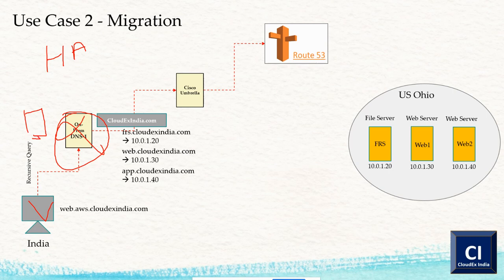Maybe it is part of your AD integration, so the information will be replicated here. And if these two go down, what happens? Again you will have a problem, right? So you have to set up another. You have to think about high availability. If you have multiple sites, you have to think about high availability from a multiple-site standpoint. You have to set up DNS in every important or major site.